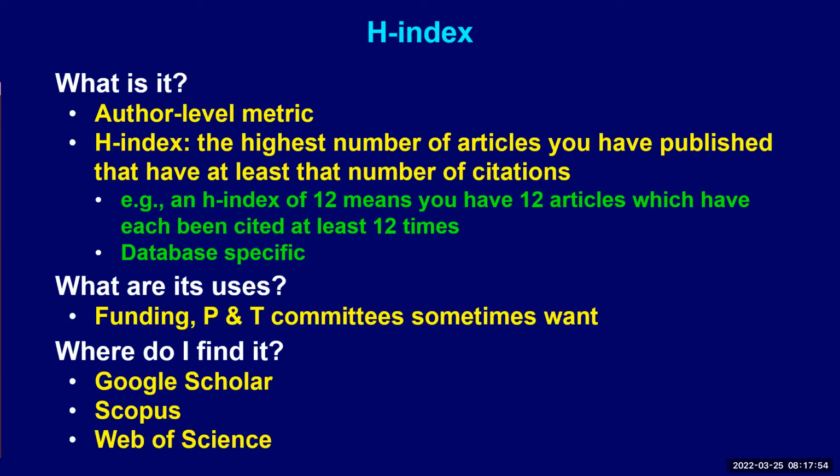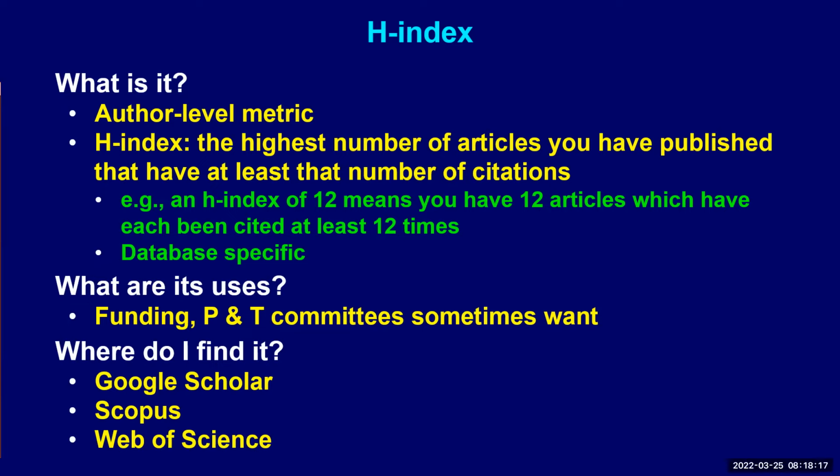So as an example, an H index of 12 means you have 12 articles which have each been cited at least 12 times. The H index is intended to reflect both the quantity and quality of an author's publications in a single metric.